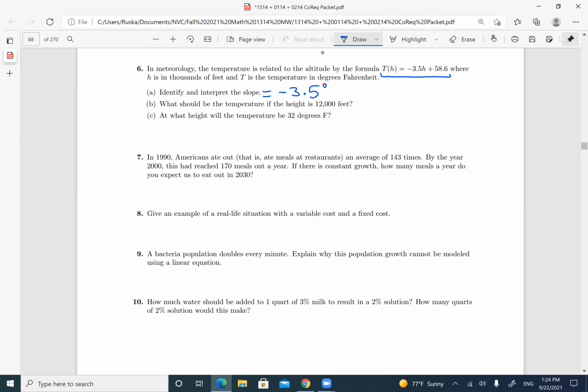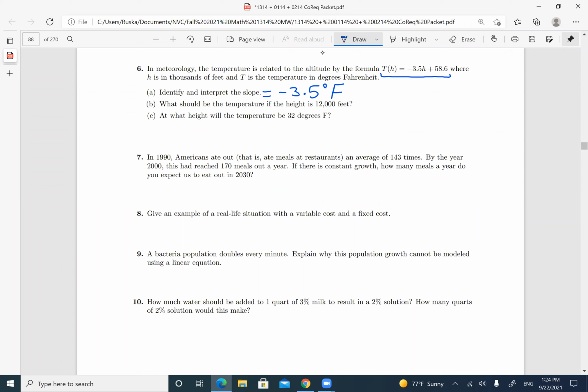Degrees Fahrenheit, right? So negative 3.5. If it's negative, is the slope an increase or a decrease? Decrease. So how are you going to interpret that?